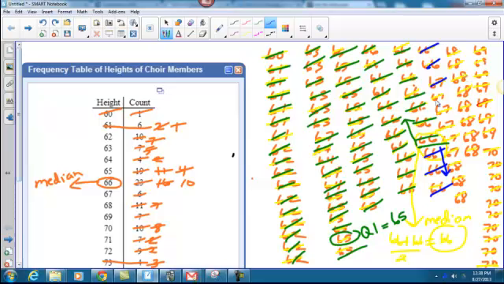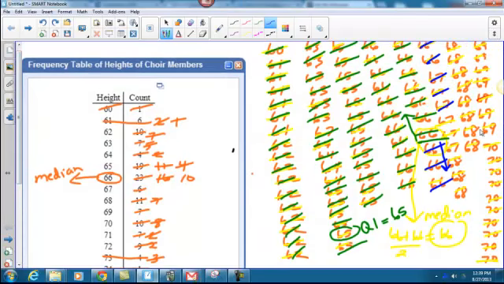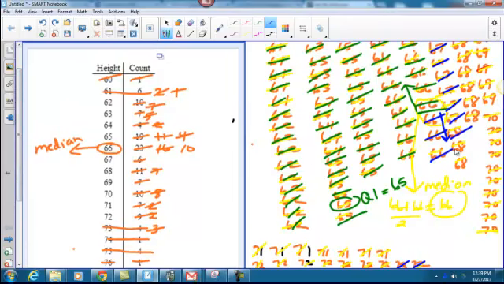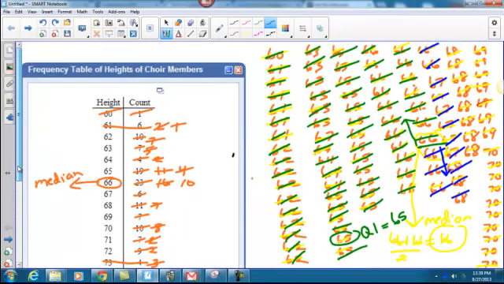1, 2, 3, 4. 1, 2, 3, 4. 1, 2, 3, 4. 1, 2, 3, 4. 1, 2. 1, 2. 1, 2, 3, 4, 5.